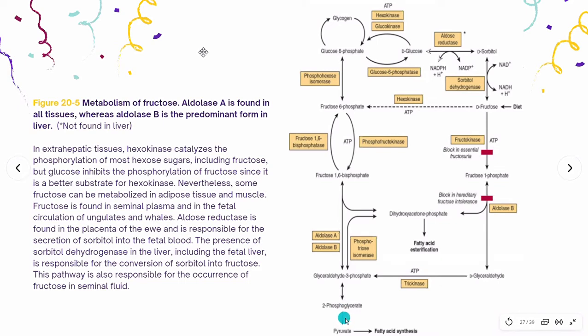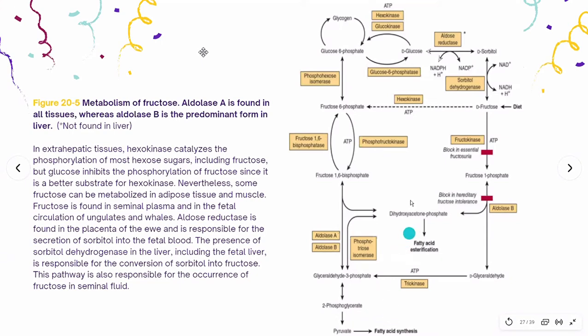Now here, look at this. It becomes fatty acid synthesis. This is a shortcut because that pyruvate has to become acetyl-CoA first. And it has to be done only in the mitochondrion because the pyruvate dehydrogenase complex is found only in the mitochondrion. And that's how you get your acetyl-CoA. See?